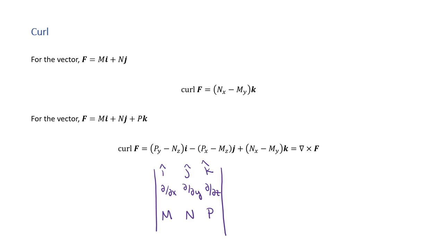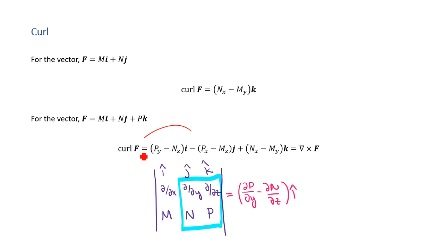And you can set up your cross products like we've done in the past in this determinant form. So you can put in the i, the j, the k. The del, you can think of as d/dx, d/dy, d/dz. And then just list vector F: M, N, P.